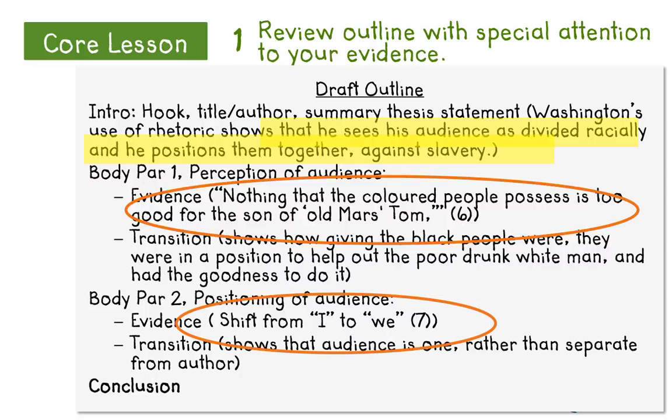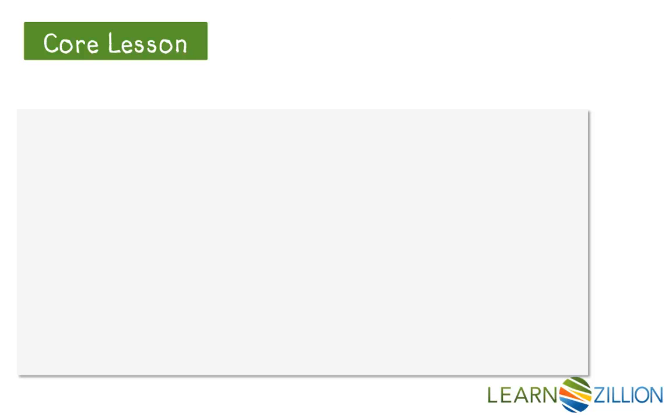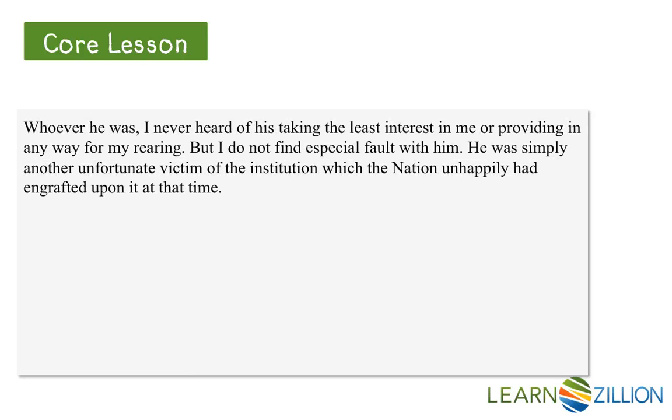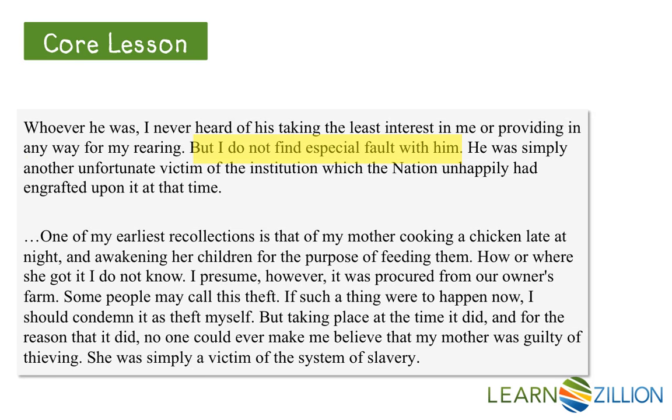And then in body paragraph 2, which is going to be about his positioning of the audience, I've got some evidence there about the shift from using I to we. Now, as I was looking over that and I was slightly uncomfortable, it made me think about these quotations back in the text. I remembered from page 2 when Washington is writing first about his father and then about his mother.